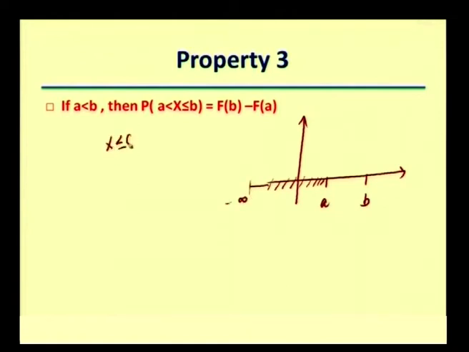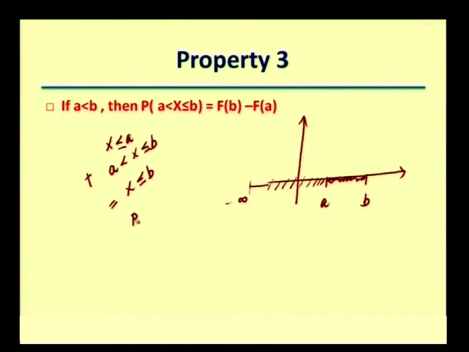Take the 3 events: x less than or equal to a, and a less than x less than or equal to b. Okay. So, this slanting lines and this particular part, when you add, what do you get? You get x less than or equal to b, right.